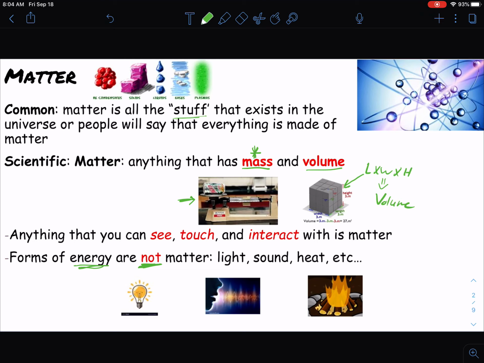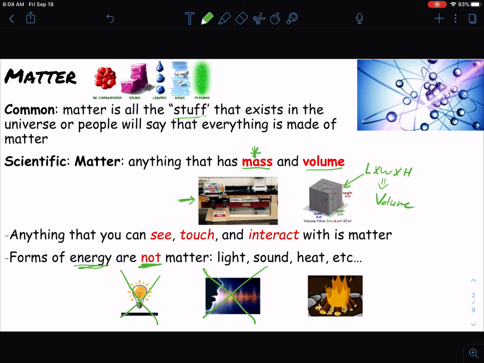But energy, like light, is not matter. Every time you turn on that light switch, you don't feel something smacking you. It would be really weird walking down the hall and feeling like something's hitting you across the head, across your back, in the stomach every single second because of light hitting you. That would be really annoying.